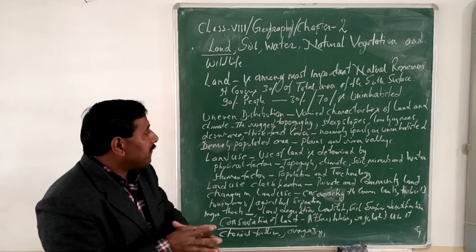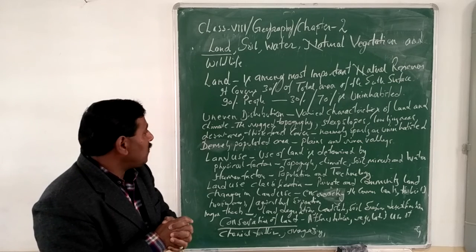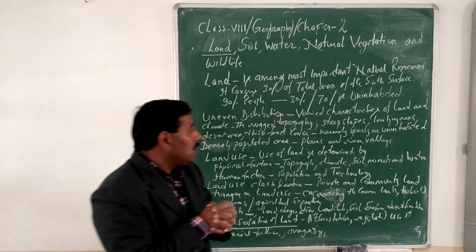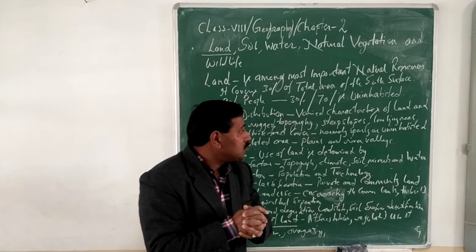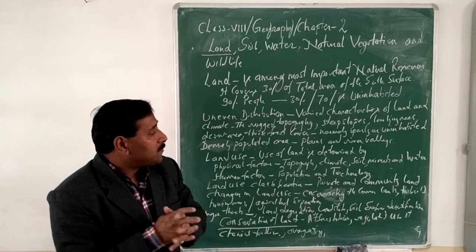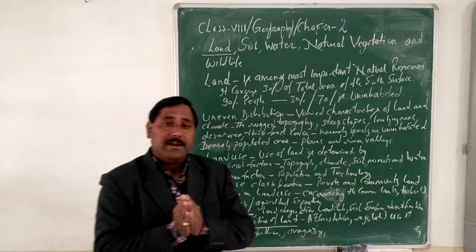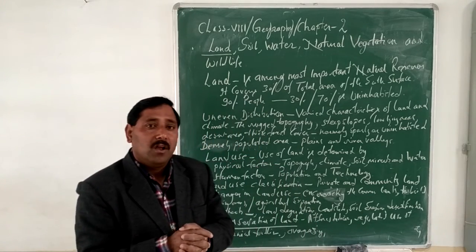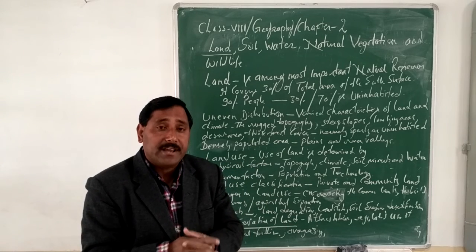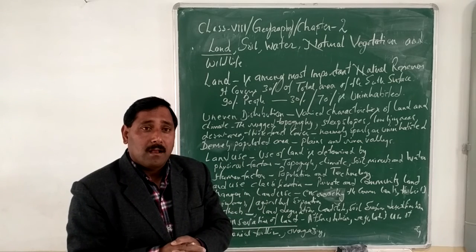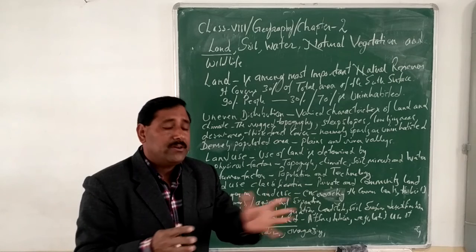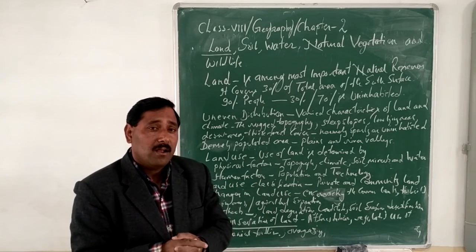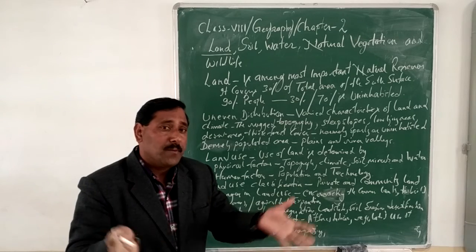The rugged topography, steep slopes, low-lying areas, desert areas, thick forest cover, normally they are sparsely populated or inhabited. Whether it is a desert area, a dense forest area, mountainous areas where steep slopes are there, or rocky area, very few people live there.